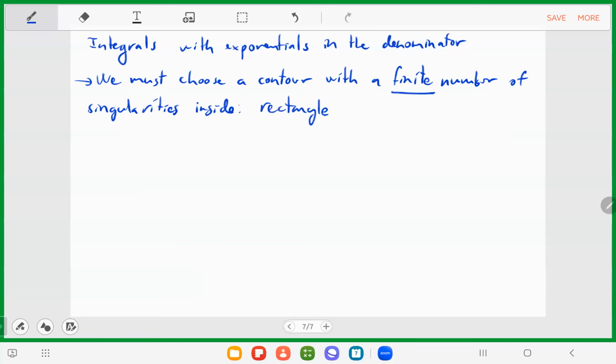So yeah, exponentials in the denominator will almost always need to be treated by taking a rectangular contour. Now, the problem with the rectangle is it has 4 sides, right? So the contour integral will be the sum of 4 integrals.